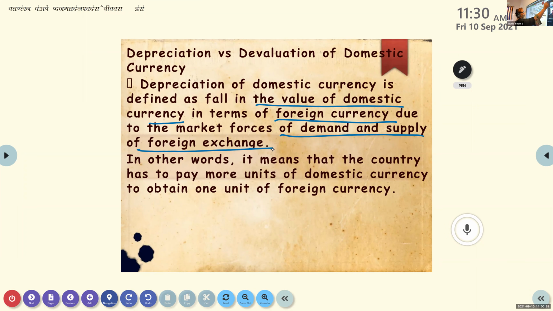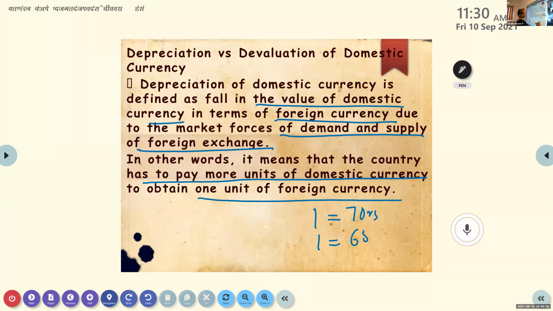Now, what do you mean by the value of currency falling? The country has to pay more units of currency to get 1 unit of foreign currency. For example, $1 is equal to 70 rupees, or $1 is equal to 65 rupees. In these two situations, which one is considered a depreciation for our country?